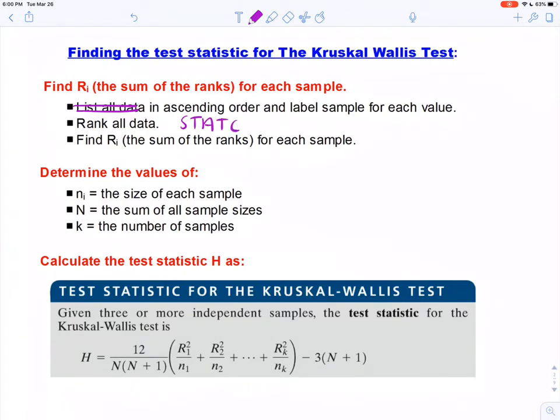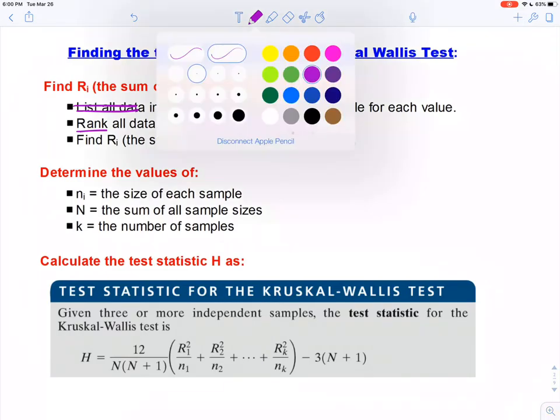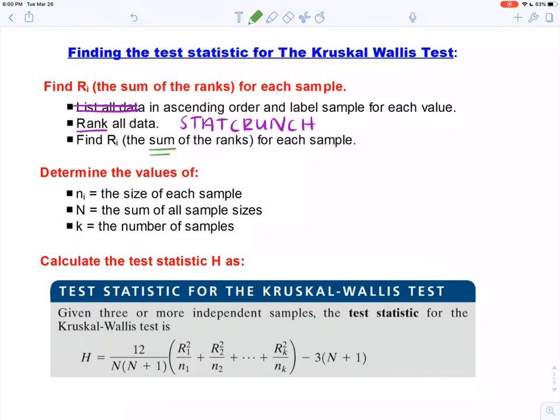We're going to put everything in StatCrunch and we're going to let it come up with the ranks. Because what we're going to need for the test statistic is the sum of the ranks for each sample. And that's going to be these values that you're seeing here, R1, R2, R3, R4, for however many different samples or groups you have to compare.